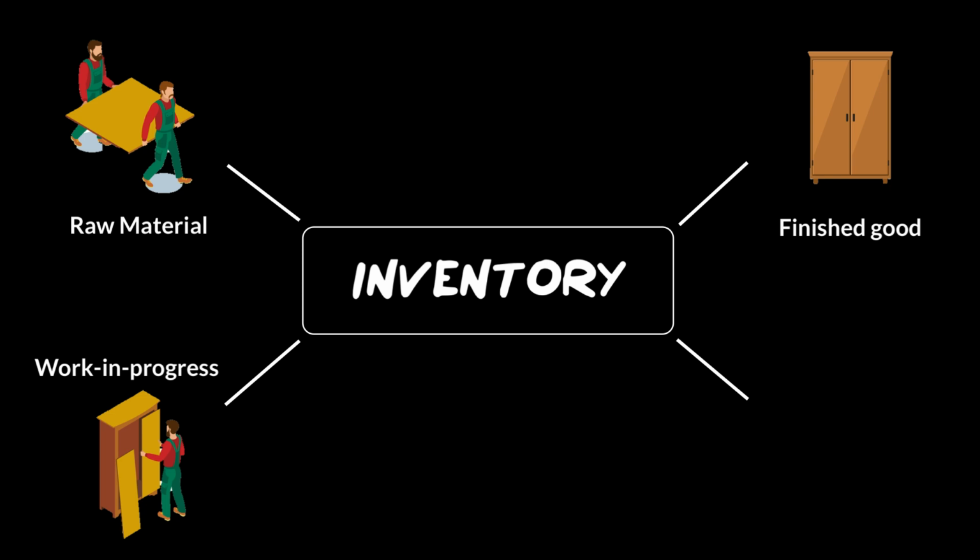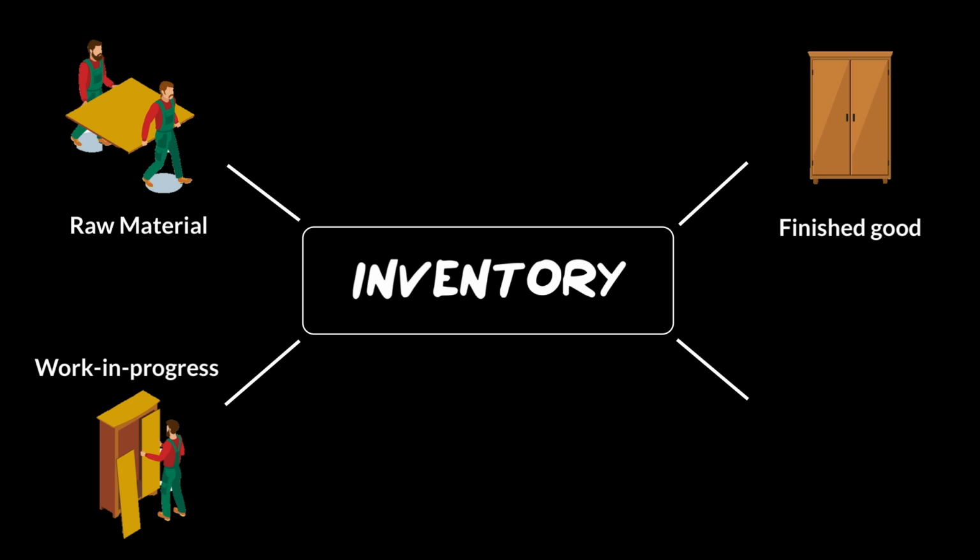Now, the finished good, until it is bought by a customer, until the hand changes from the business to the consumer, it will remain a part of the inventory. So if it's sitting in your warehouse or even sitting in your display store waiting for a customer to come and buy it, until the time that the possession changes hand, it's still part of your inventory.